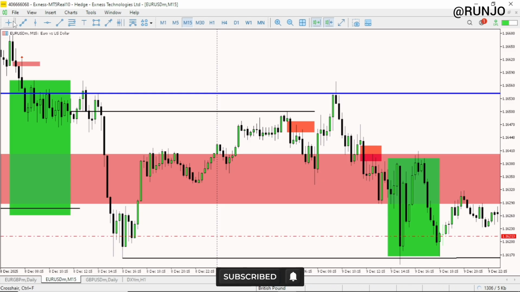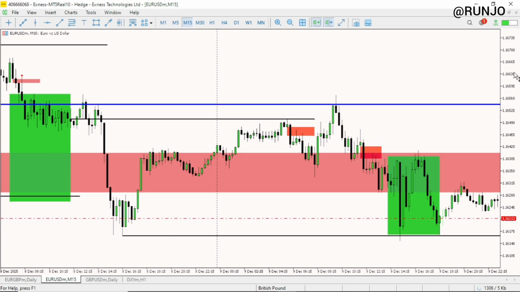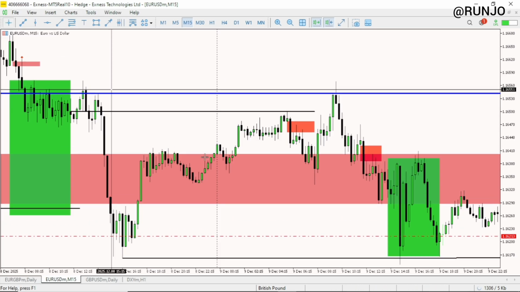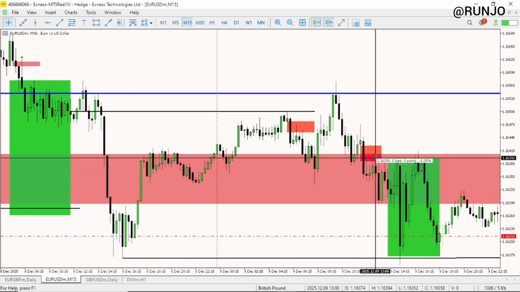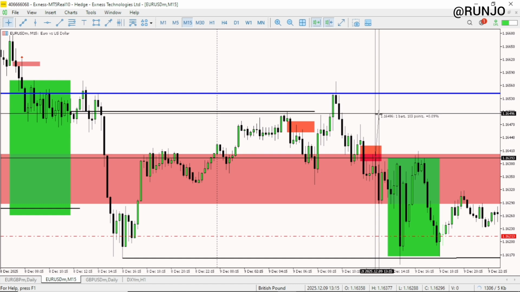So once the market came up into this level, I went in short again, but this time I reduced the risk, because on this, if I took a 1% risk on this trade, that means on this one I would take at least a half of 1%. So I decided to lower the risk. I took a trade here. Stop loss was somewhere around here. I know it was something like 10 pips, right?